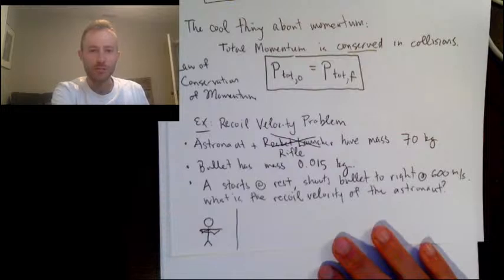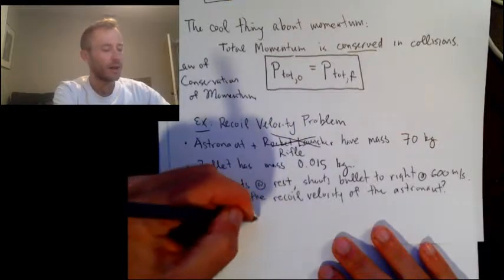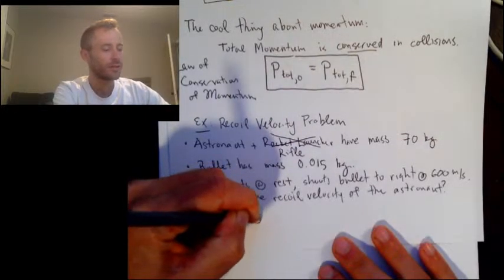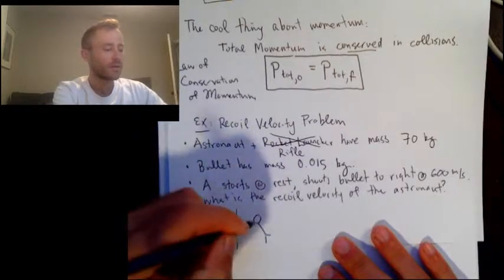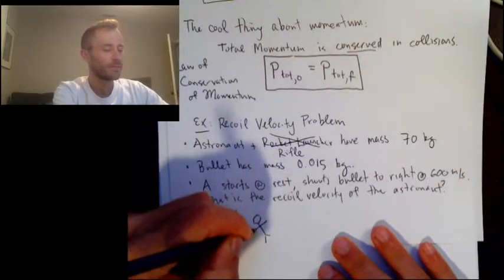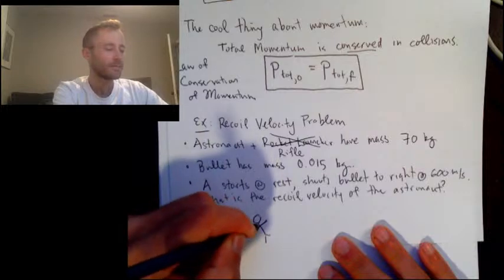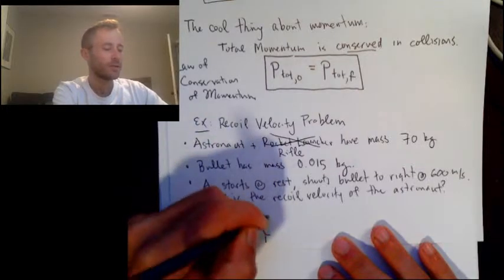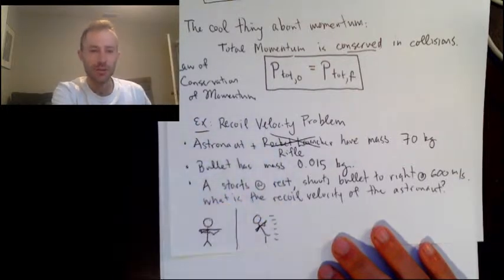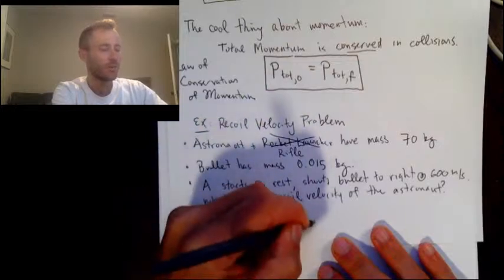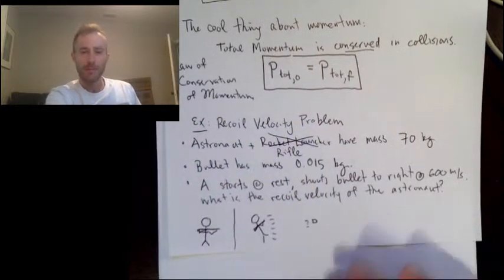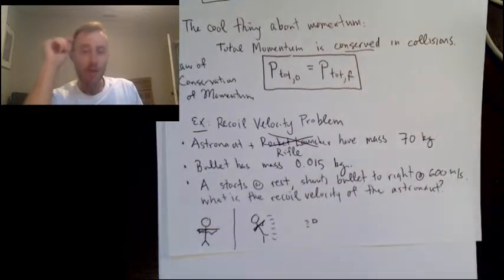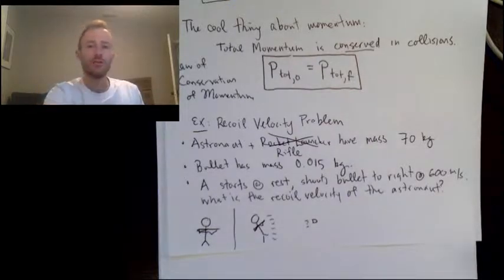And then after, the astronaut shoots the bullet and they recoil. So they recoil backwards, and the bullet right here goes forward. Okay? So we're going to use conservation of momentum.